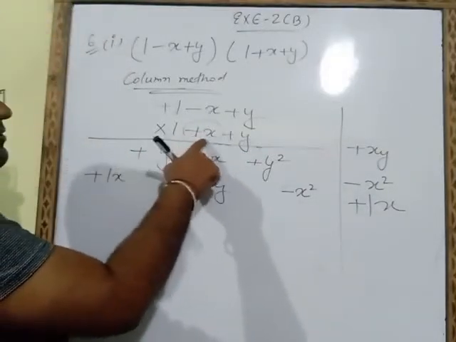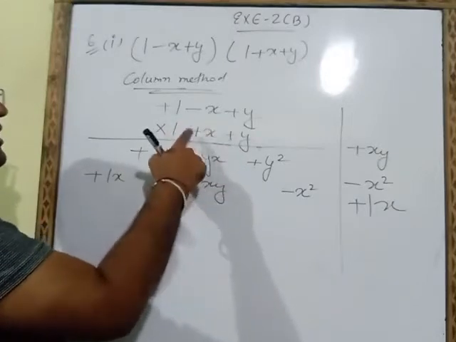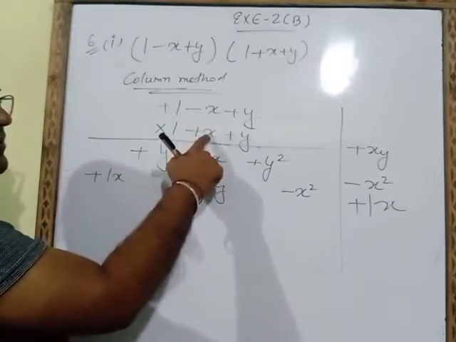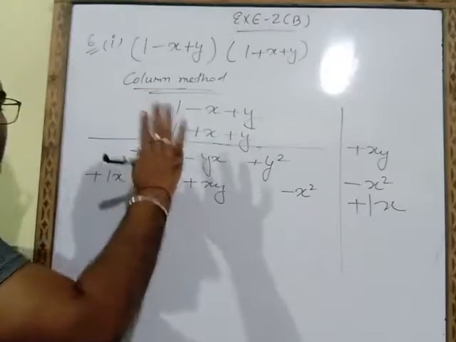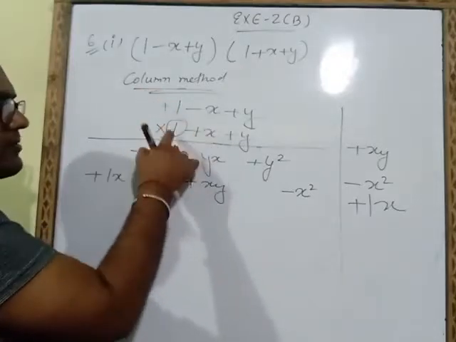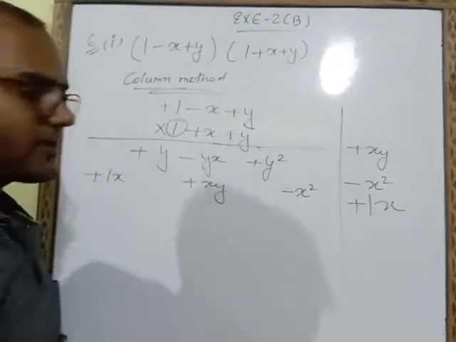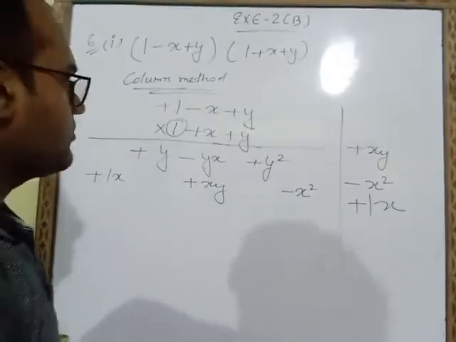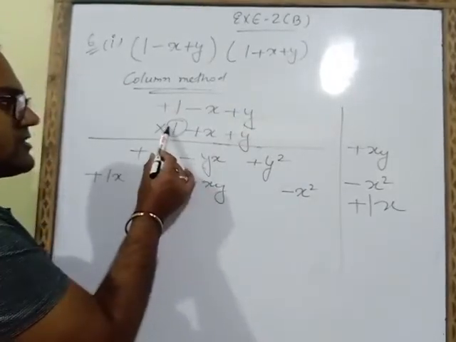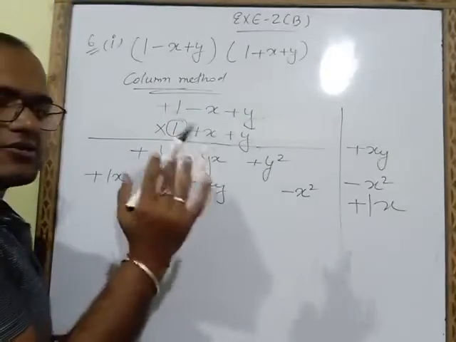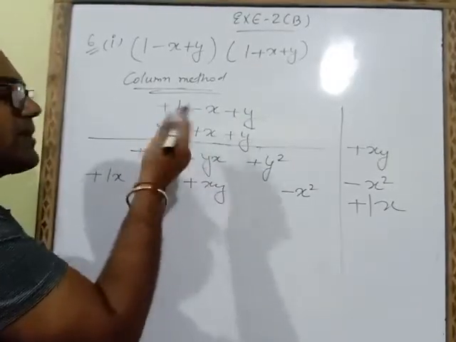Now this term we will leave, because we had multiplied this x with all the three. Now it's time to multiply this one with all the three terms here. So first of all, the sign of 1 is not given, so we will take the plus sign.